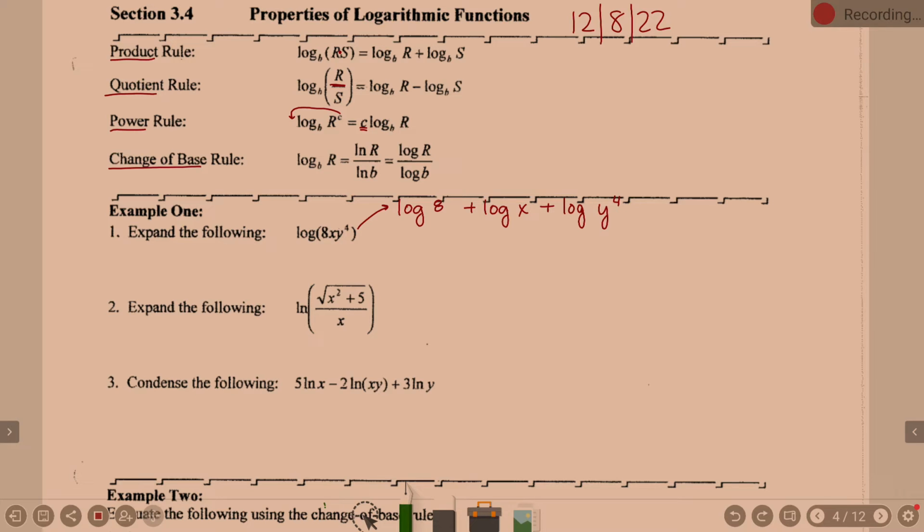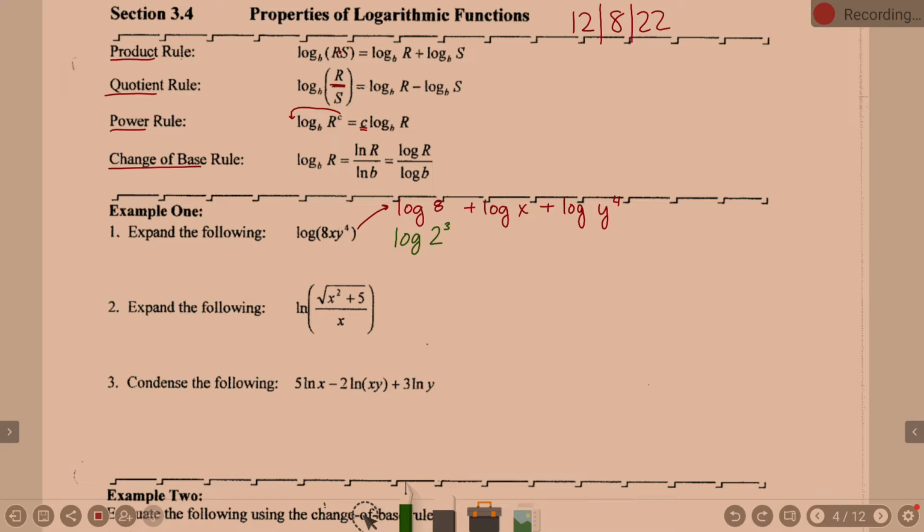Okay. So this is one, last year in this chapter, or maybe it was the chapter before, I don't know, somewhere along this time I handed out a paper that had our powers on it, because 8 is one you need to realize. 8 is 2 to the 3rd. So if we rewrite log of 8 as log of 2 to the third, can we use the power rule on that now?